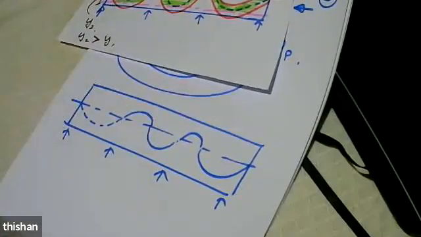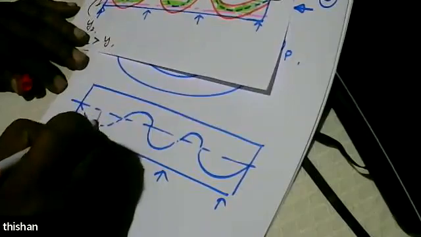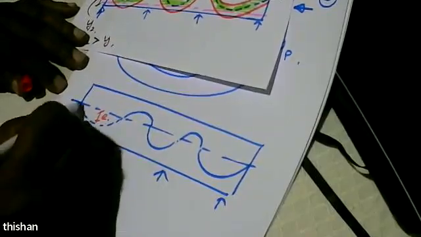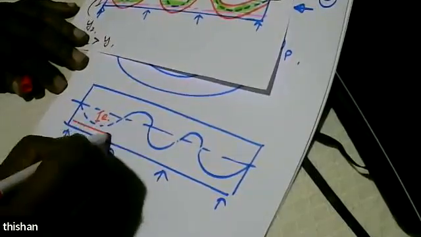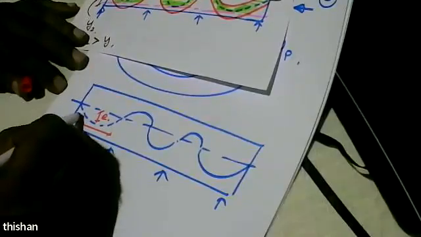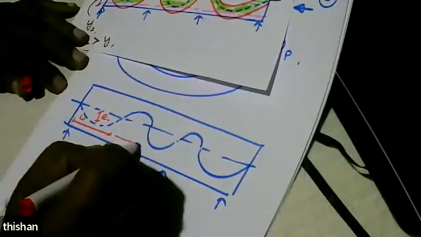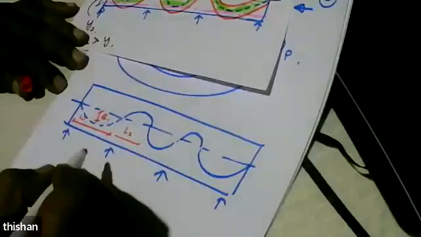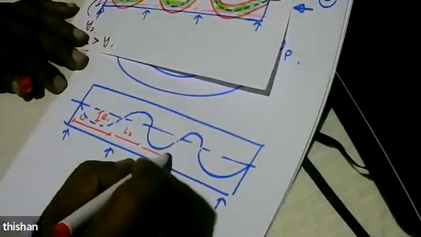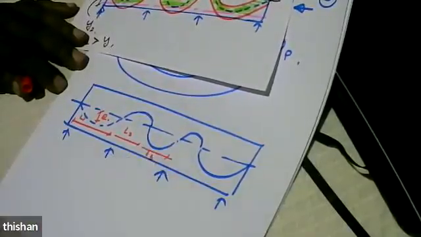So if you look at this portion, here we are applying an eccentricity, a parabolic profile, length is L1. And here over length L2, we have another profile, here length L3 and so on.